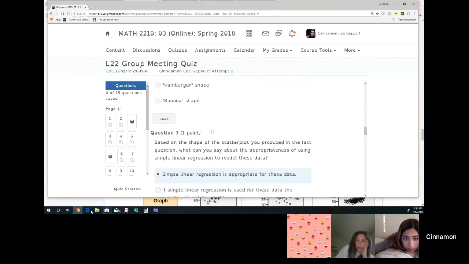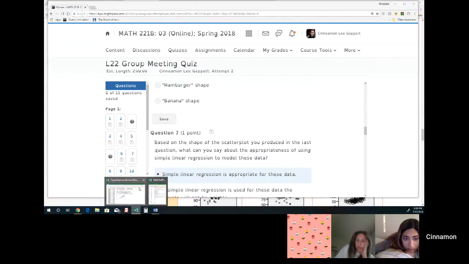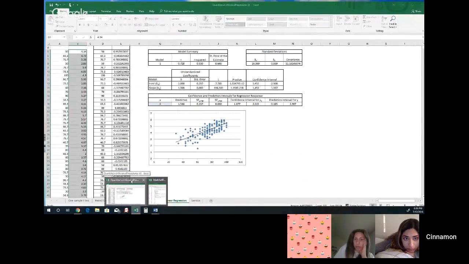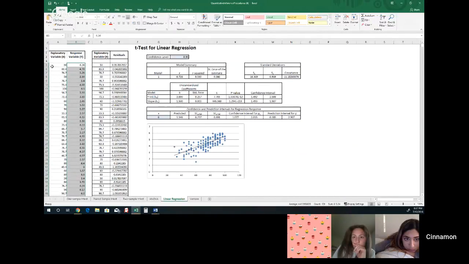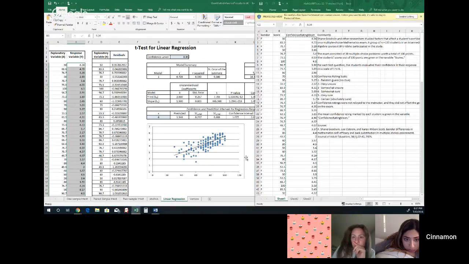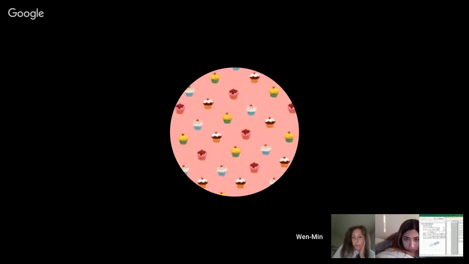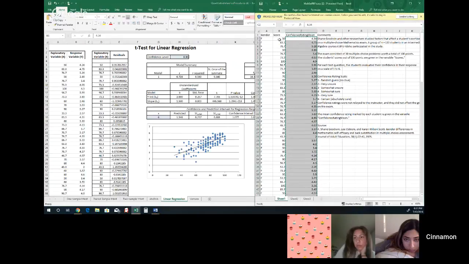Okay, scanner hot dog shape. So, I'm gonna upload it over here. Okay, so I'm gonna double check and make sure that there's our X, there's our Y. Let me double check on this now. So the score was supposed to be X, right?